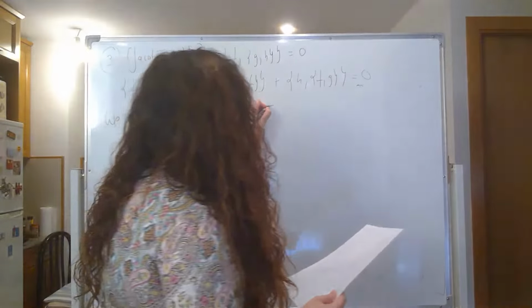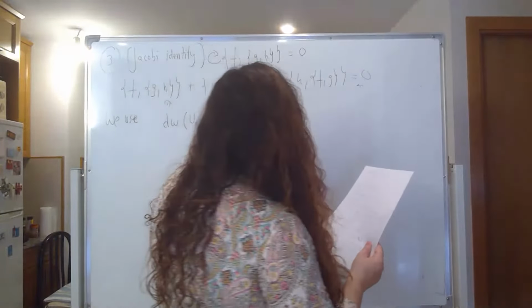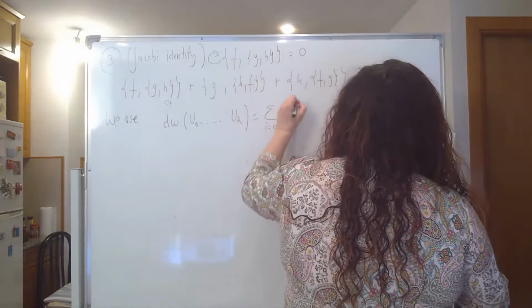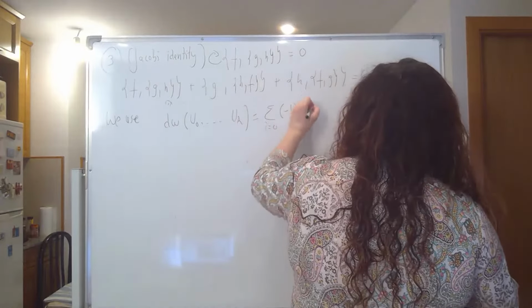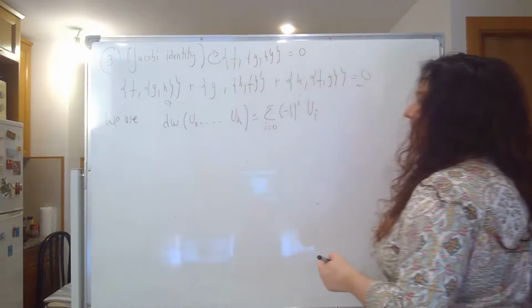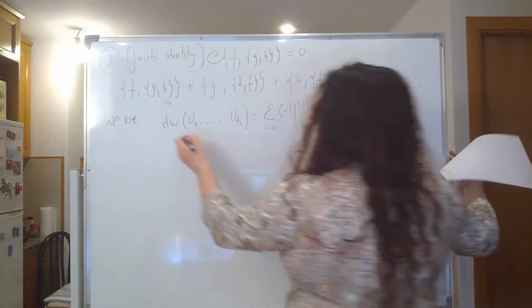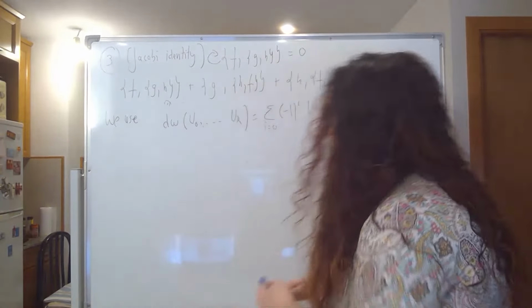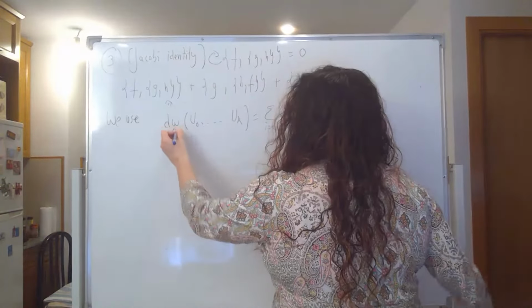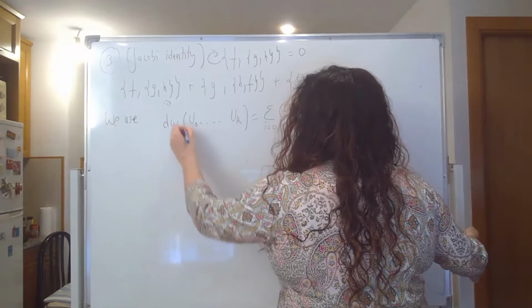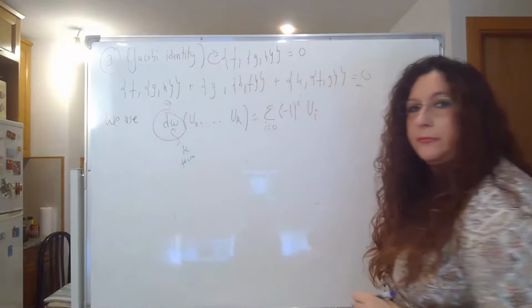And you get that this is the sum over i from 0 to k of minus one to the i times the vector fields that now act as a derivative. Omega is a k-form, so the differential of omega is a k plus 1 form.